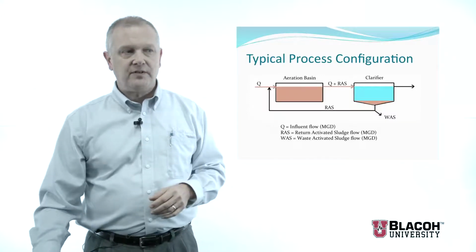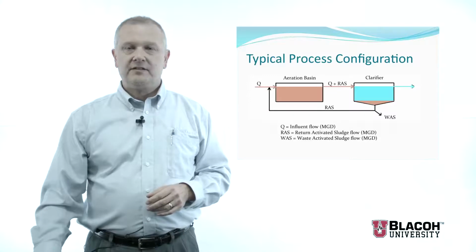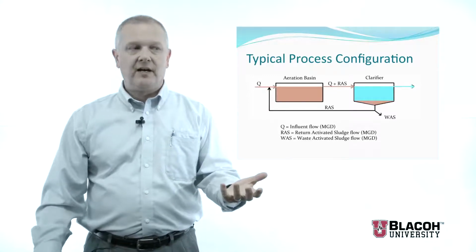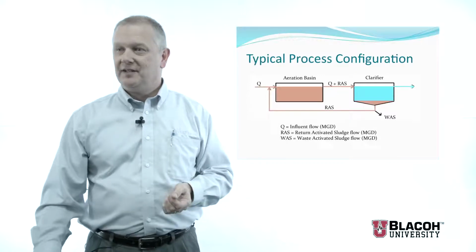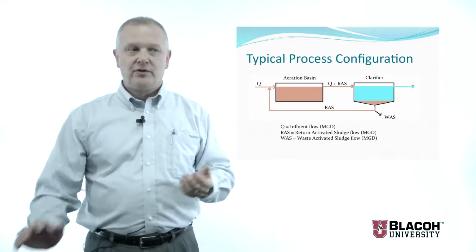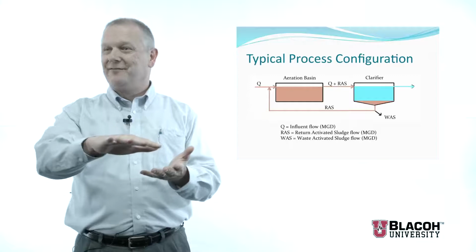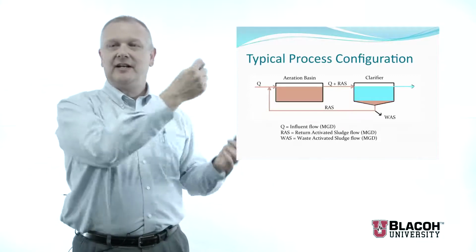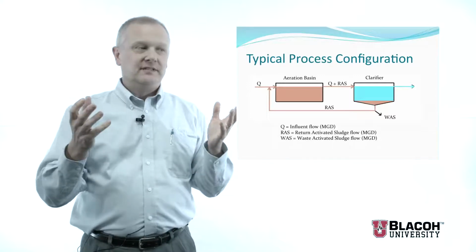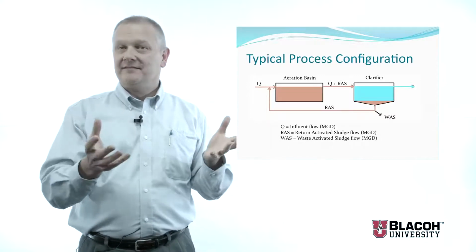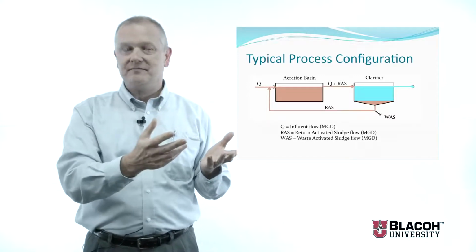So the clear liquid flows out the top, but we take the solids that settle in the bottom of that clarifier and we recycle them. We call it return activated sludge into the aeration basin. So the sludge that settles in the clarifier is recycled into the aeration basin and activated to work on the contaminants that come into the system.